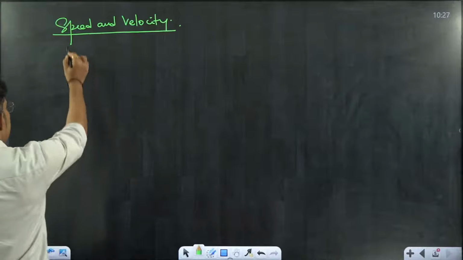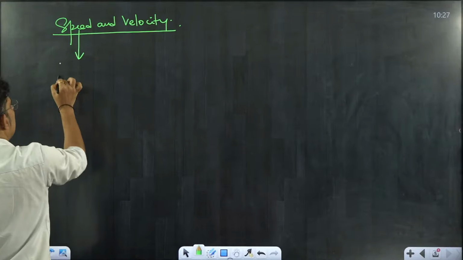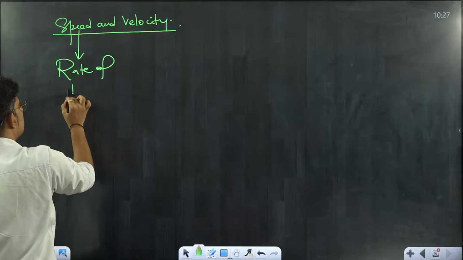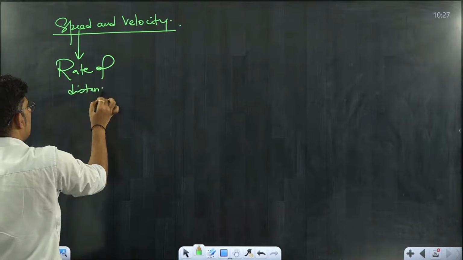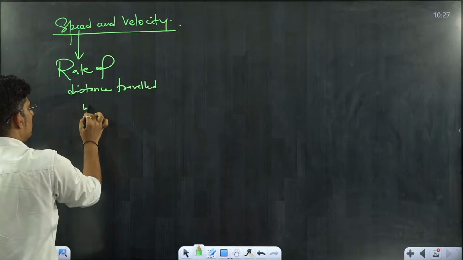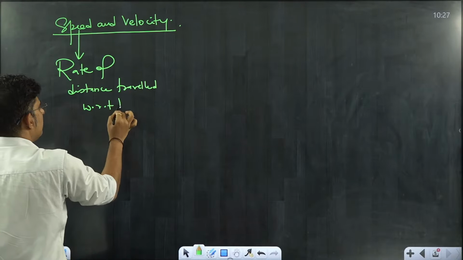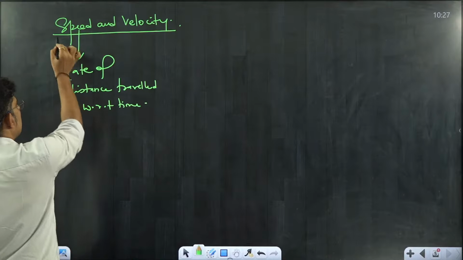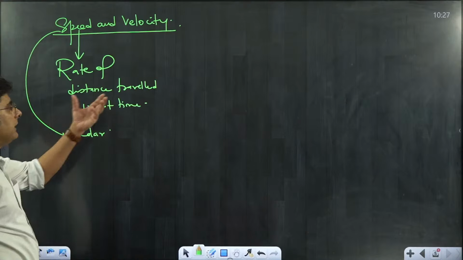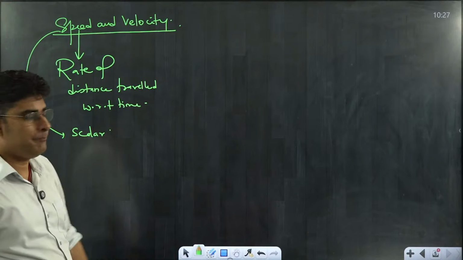So speed and velocity are simply defined as: speed is the rate of distance traveled with respect to time. And obviously this speed is a scalar quantity. It is the rate at which distance is traveled with time.